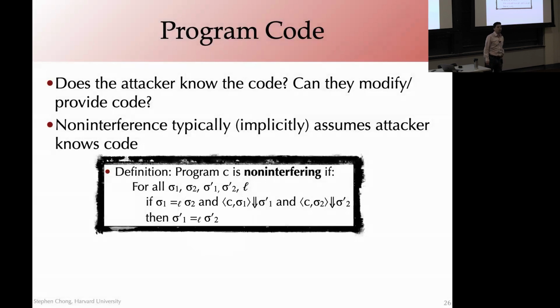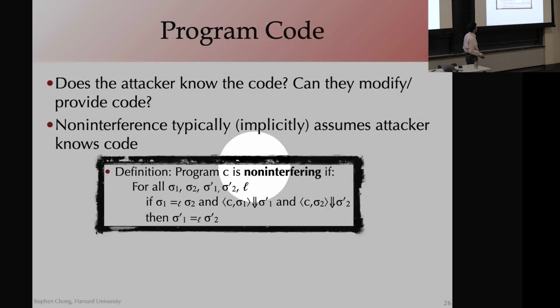And that is really assuming that they know what the command C is. If they had absolutely no idea what the command C is, then that relation between inputs and outputs is almost arbitrary. Right? So implicit in this definition of non-interference is that the attacker knows the program C.